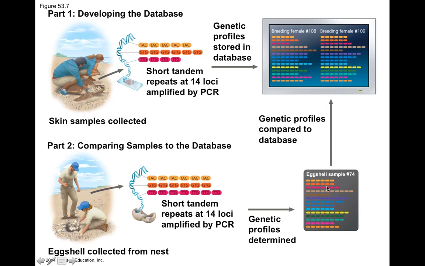We can look at that and say, okay, how many of this particular orange locus? 6. How many of this darker orange locus? 6. How many of this red locus? 7. And we can say, okay, which one of these females had that same pattern? It looks like it's number 109. So we can say that the mother of this eggshell was breeding female number 109 and not number 108.